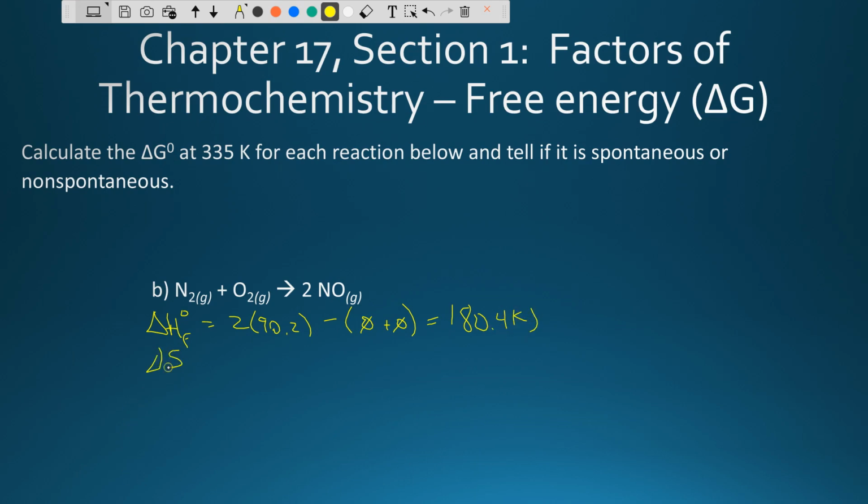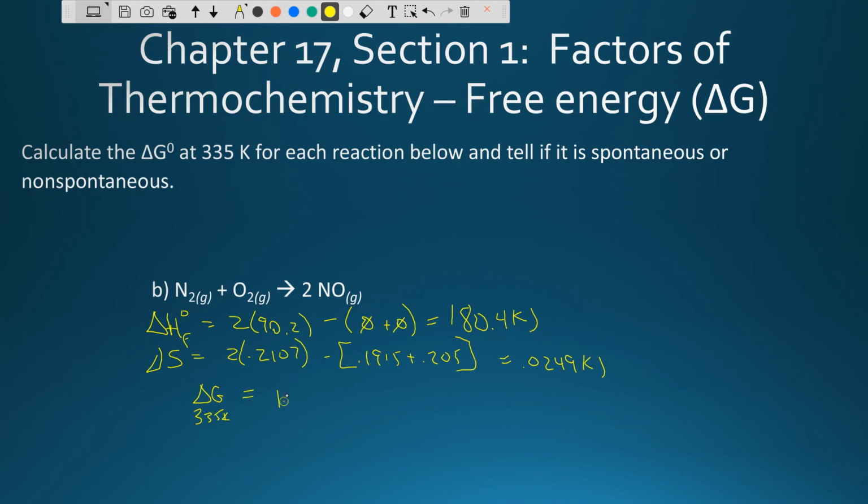My delta S is going to be 2 times 0.2107 minus 0.1915 plus 0.205. That's going to be my nitrogen and my oxygen, and that will give me 0.0249 kilojoules. Okay, you ended up with 24.9, but that is 0.0249 kilojoules. So now let's take a look at my delta G at 335 Kelvin.